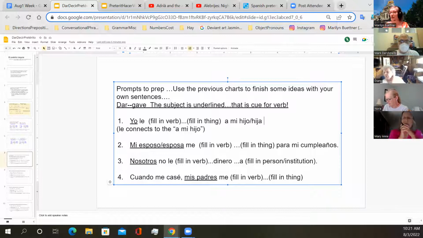So it would be something like, yo le daba un helado a mi hijo cuando íbamos al zoológico. I used to give an ice cream cone to him or to her when we used to go. But they would be telling you, look, I did it, I don't know, that many times, over and over again.